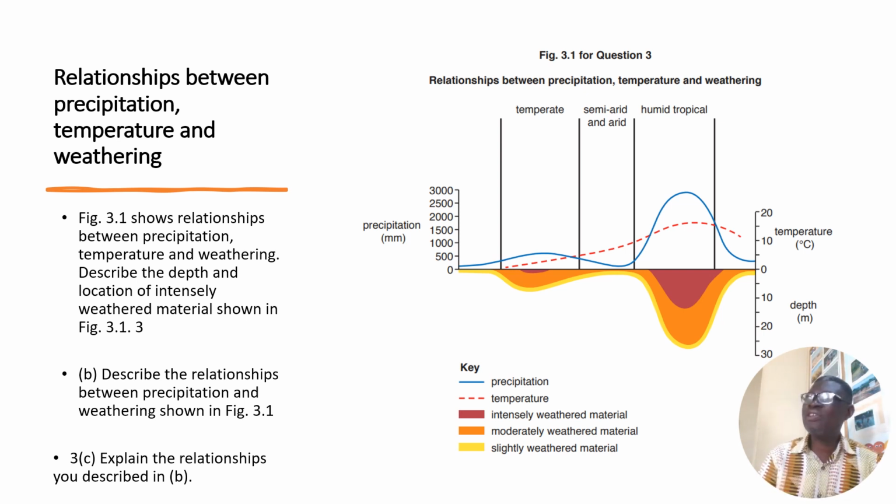Now explain the relationship. Tell me why the higher the rains, the deeper the depth. He's talking about what is the role of water in weathering? That's the question.